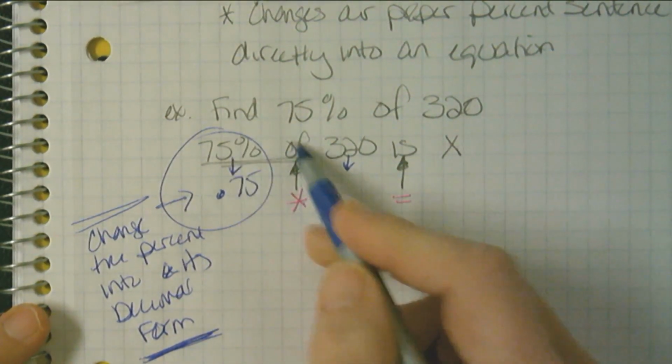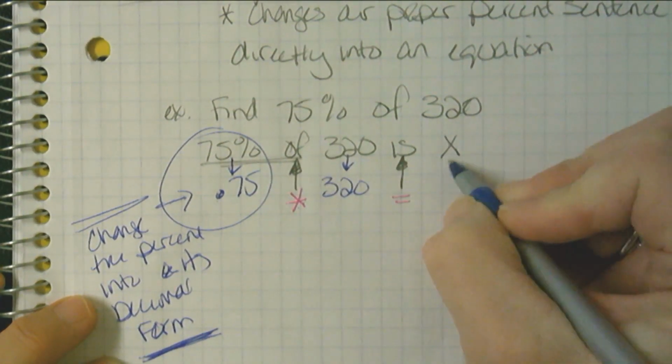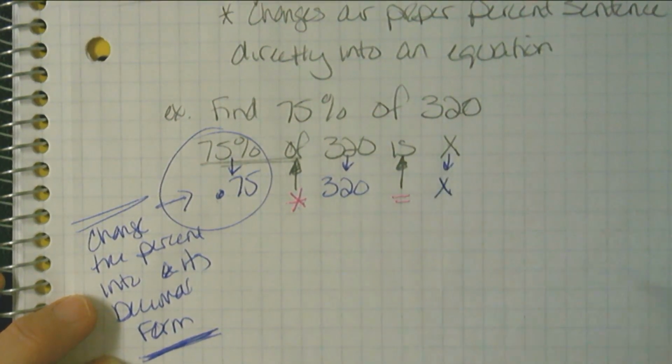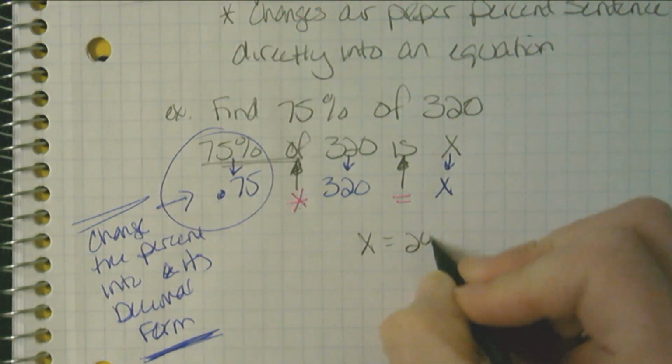So I have 0.75 of means multiplication, 320 is means equals, and x. That's it. And then you get your calculator and you do that multiplication. So all of you do that, please, so I can prove to you that that's the same answer. So x equals 240.